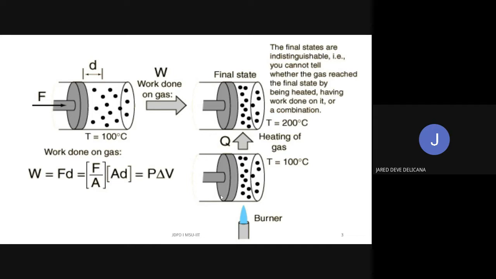And this is the same when we put a direct source of heat, for example, a burner, to our system, and the resulting temperature is also 200 degrees Celsius. So there could be a very close relation between these energies.